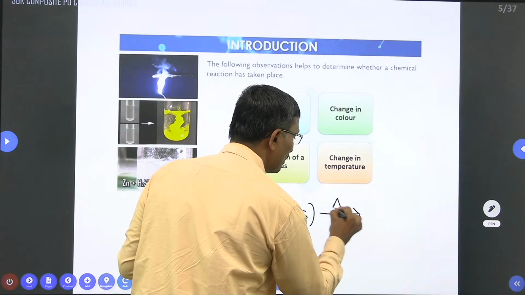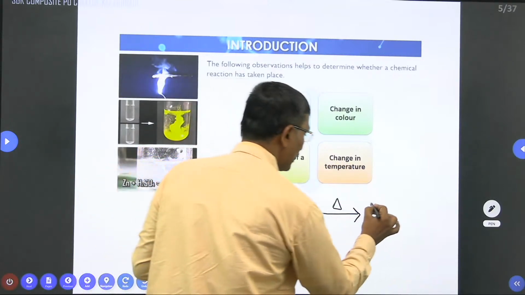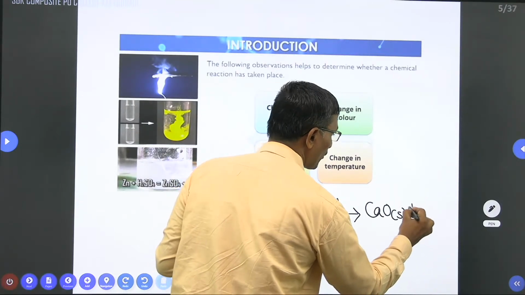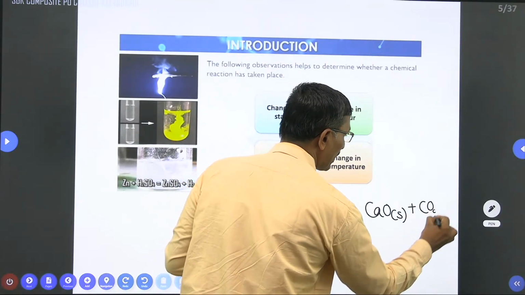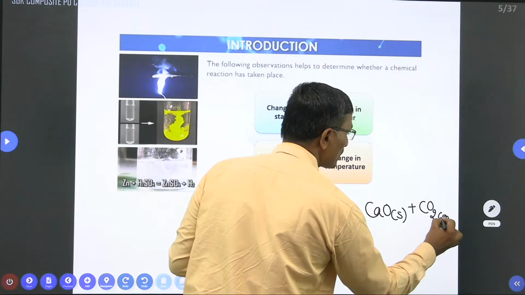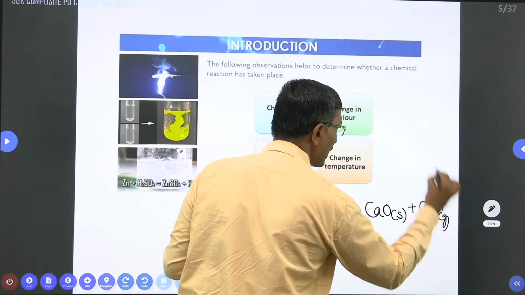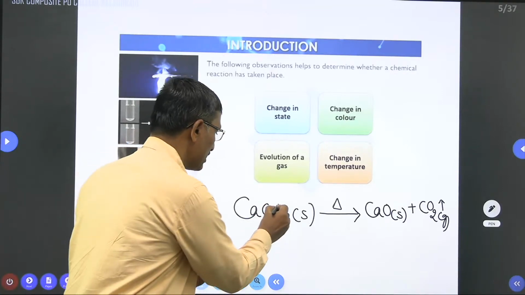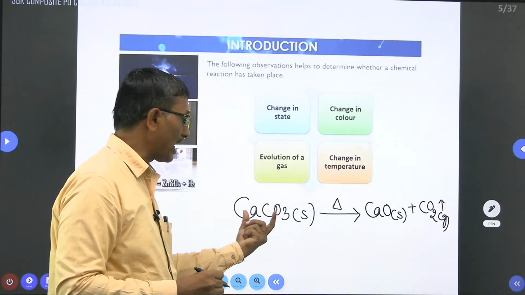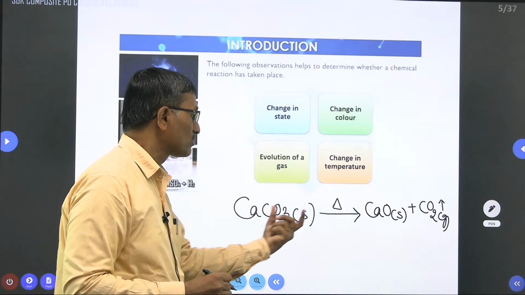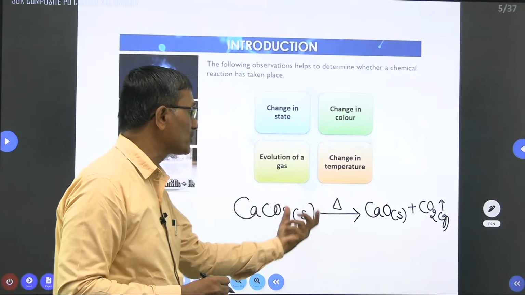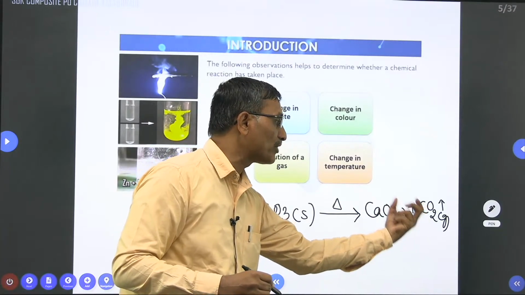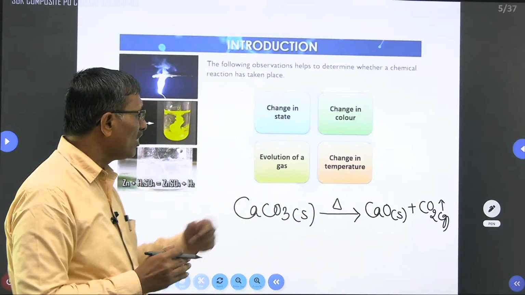On heating, by thermal decomposition, it gives rise to CaO. This is in solid form. Along with that, you will get CO2, a carbon dioxide gas, that is liberated. This is CaCO3, calcium carbonate. So on decomposition it gives calcium oxide through the liberation of carbon dioxide gas, student.